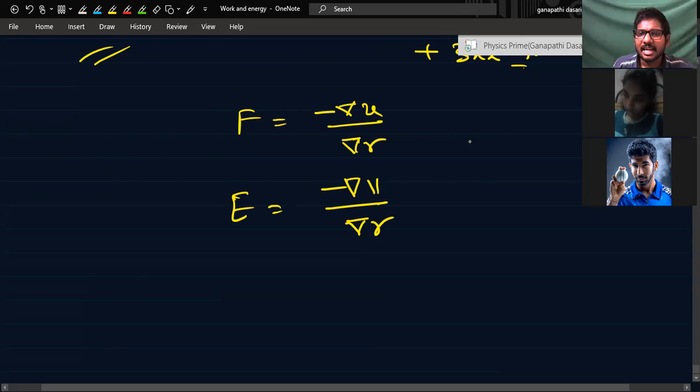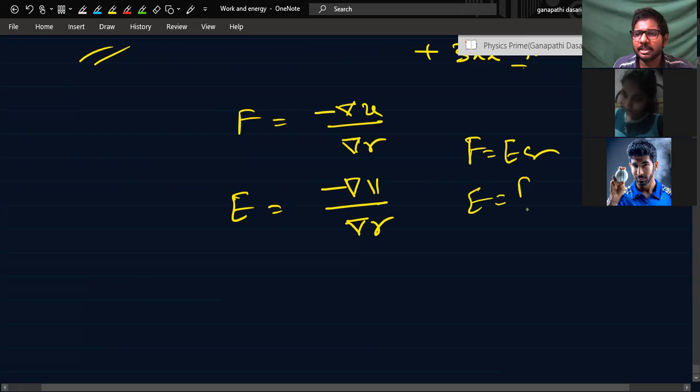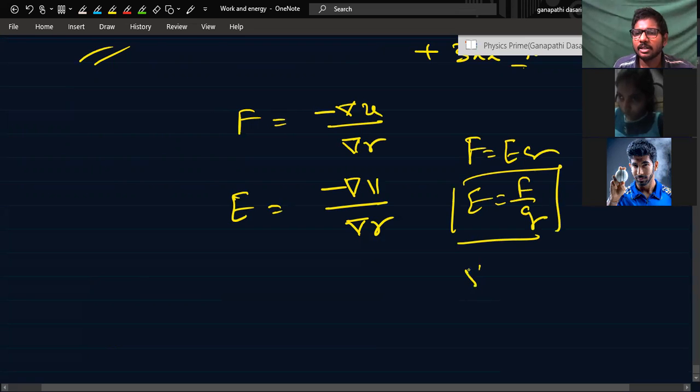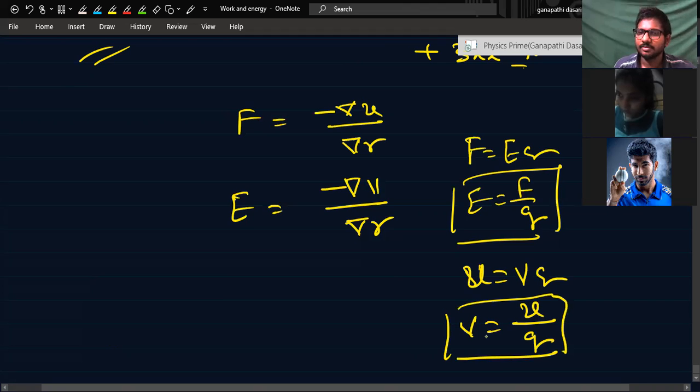And another thing, F is equal to EQ. That is, E is equal to force per unit charge. Like this, U is equal to VQ. That is, potential is equal to potential energy per unit charge. Both are related like this.